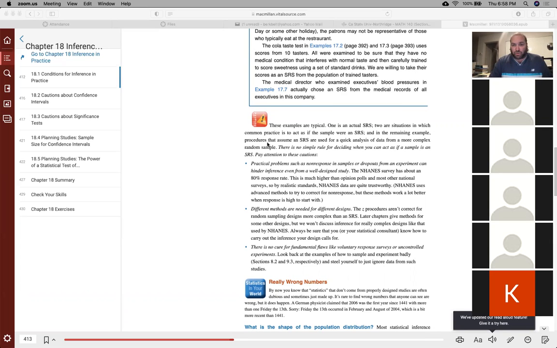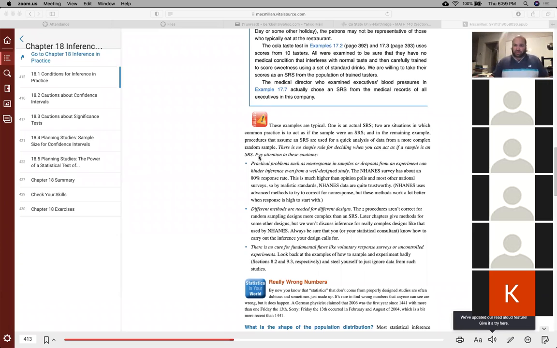So what is that condition number one that said there's no non-response or practical difficulties? What does that mean, practical difficulties? It says there's no simple rule for deciding when you can act as if a sample is an SRS. In problems in a math class, it'll say it's an SRS.